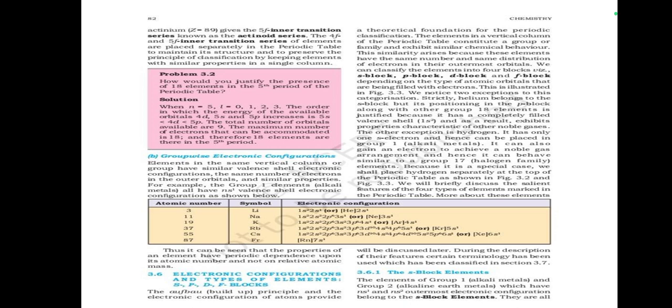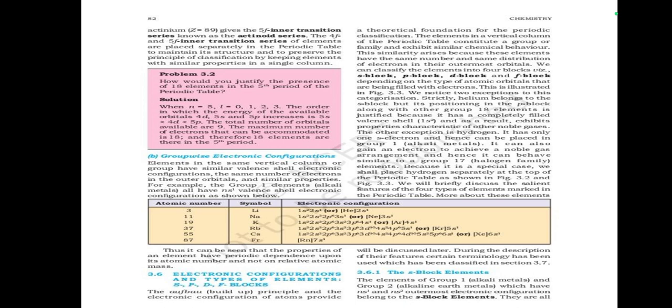This similarity arises because these elements have the same number and same distribution of electrons in their outermost orbitals. We can classify the elements into four blocks: s block, p block, d block, f block, depending on the type of atomic orbitals that are being filled by electrons. This is illustrated in figure 3.3.